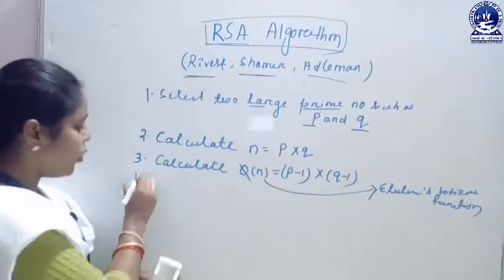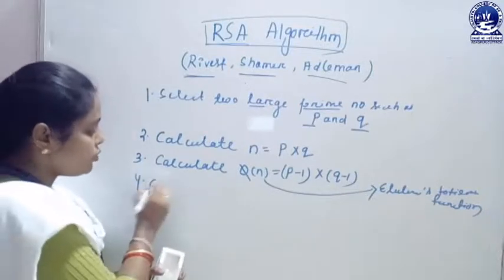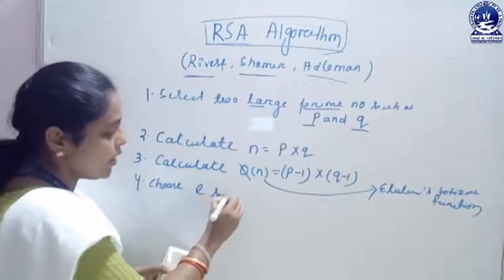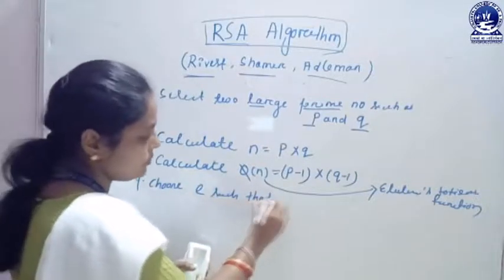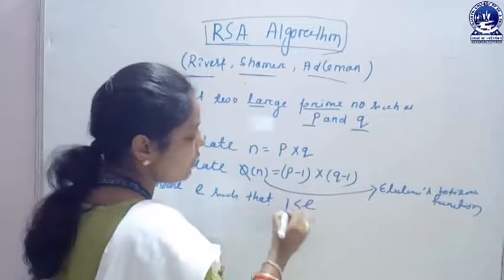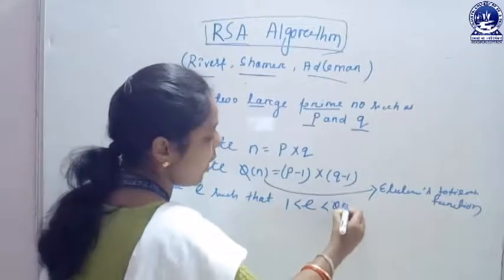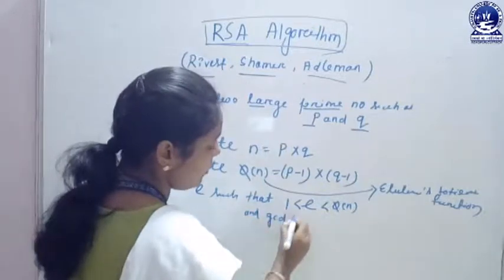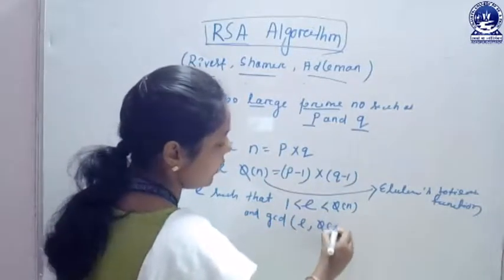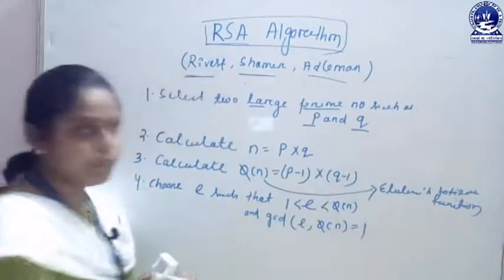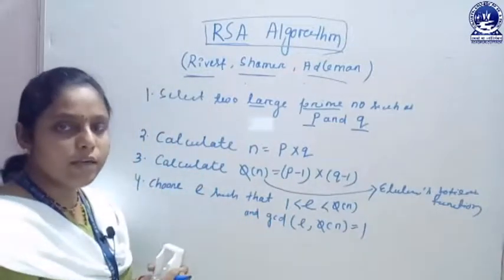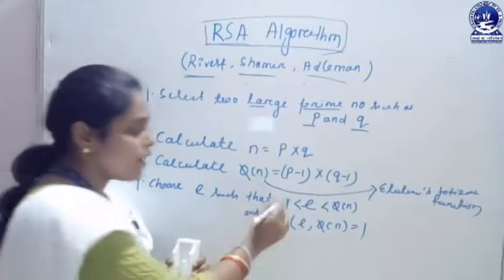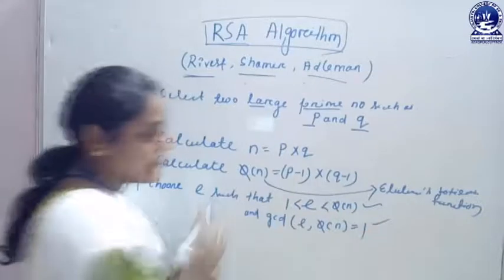Then in the fourth step, you choose E such that E is greater than 1 and less than phi of n, and GCD of E and phi of n is equal to 1. That means in this step we choose E such that E satisfies these two conditions.